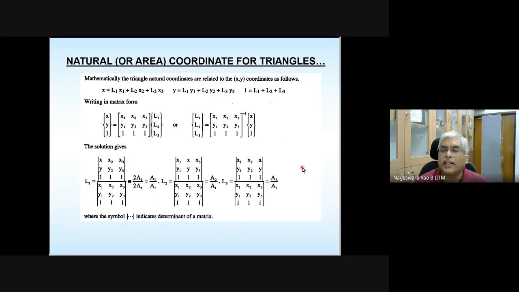And you need to go back to your properties of determinants, the various identities of determinants. Here, x you replace with x1 plus x2 divided by 2, y you replace with y1 plus y2 divided by 2.